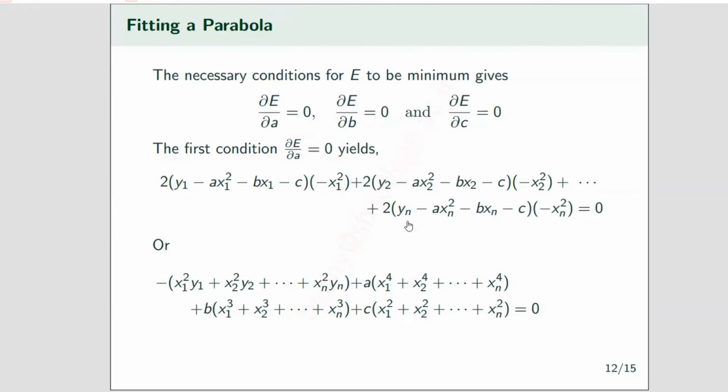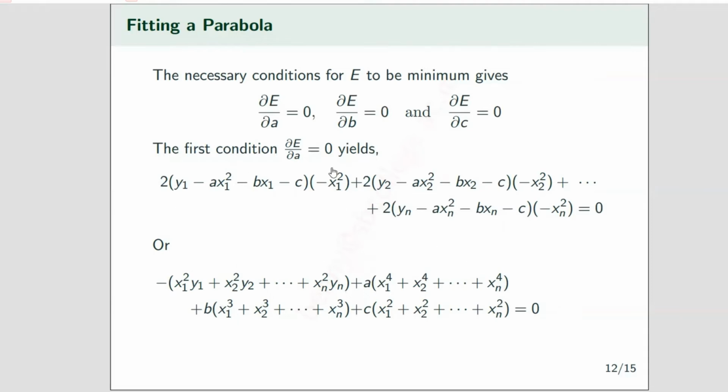Then comes the terms with the constant b, as the third term in this equation: b into (x1 cube plus x2 cube plus x3 cube plus etc. plus xn cube). The last term is the c term: c into (x1 square plus x2 square plus x3 square plus etc. plus xn square), equal to 0.